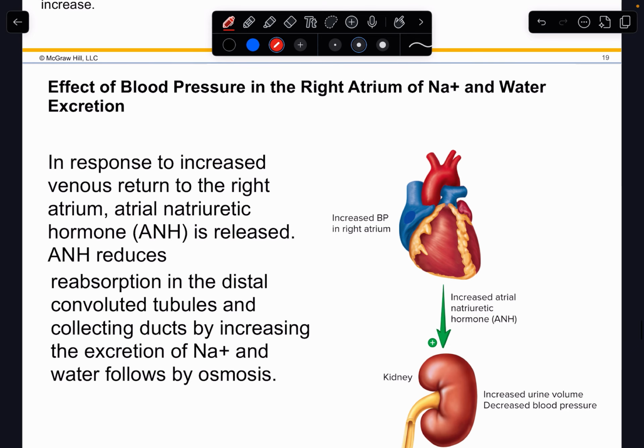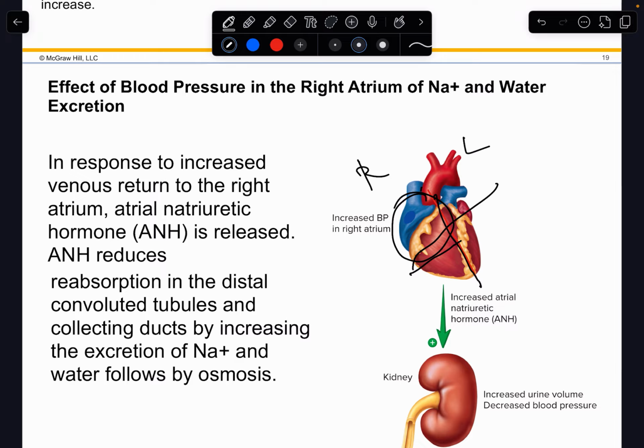One effect of blood pressure in the right atrium is on sodium and water excretion. Think about the heart structure: this is the right side, left side, the atrium, right atrium.